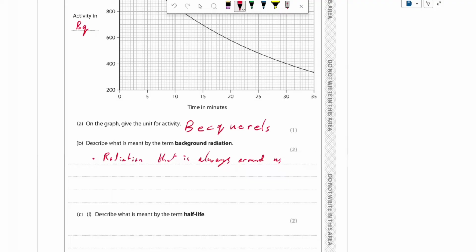It's around us all the time. I think for the second mark, let's give an example. So, for example, where does it come from? It comes from the sun would be a good example. Rocks, radon gas in the air.